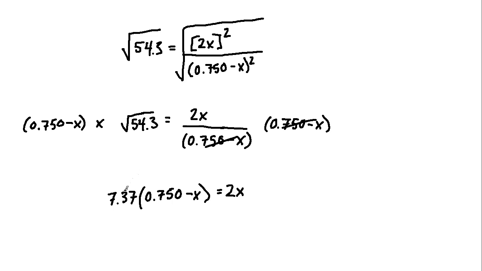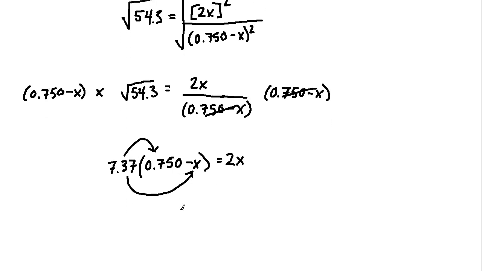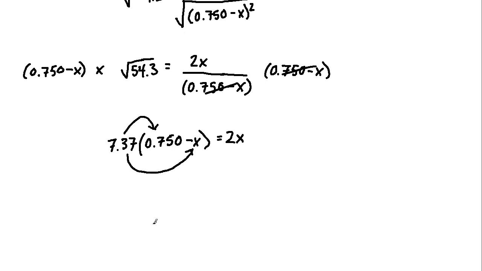And so now I want to distribute or multiply the value. So I'm going to multiply 7.37 times the 0.750, and then I'll also multiply 7.37 times negative x, and I will get a proportionality that I can then start consolidating and getting the x over to one side.